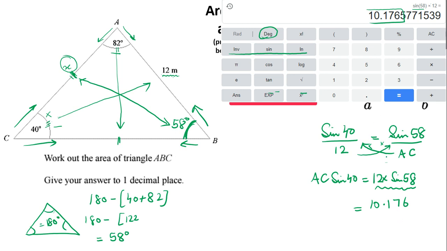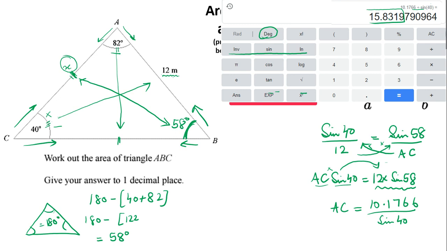So 10.17657, I'm just going to round off to 10.1766, and here I have AC times sine 40. Now, since there is multiplication between the two, when I take my sine 40 to the other side, it turns into division. So 10.1766 divided by sine 40 is going to be equal to my AC. So when I do that on my calculator, again, make sure your calculator is set on degrees, and then I have 10.1766 divided by sine 40.